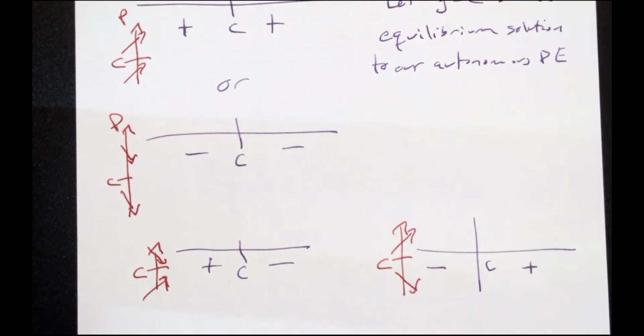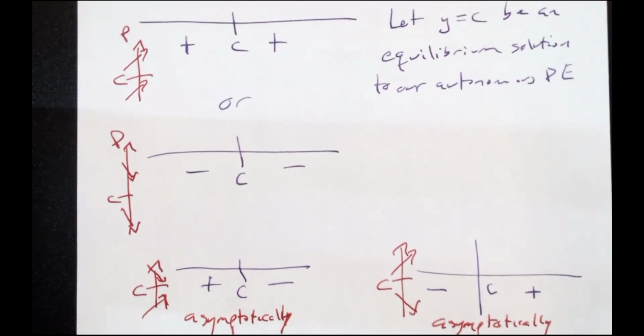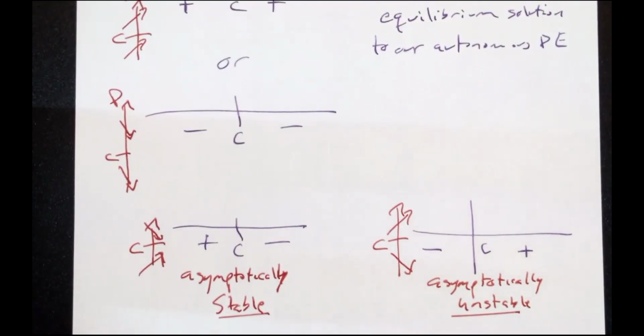We're going to call this stable versus unstable. So the one where we close in on my asymptote, that's stable. The one where we splay out from my asymptote, that's unstable.